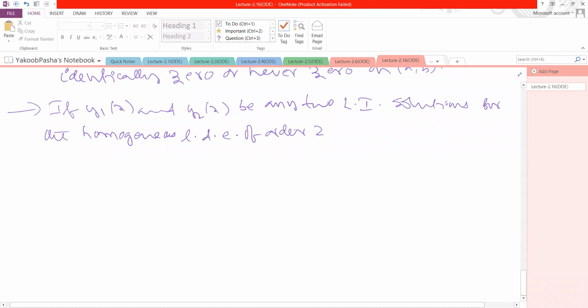Now for homogeneous linear equations, these solutions are either linearly independent or linearly dependent.